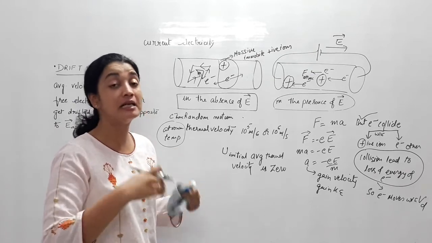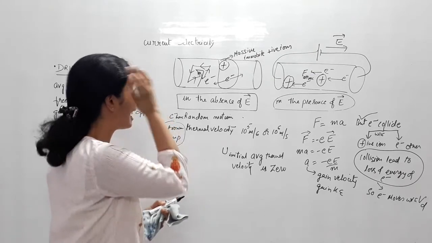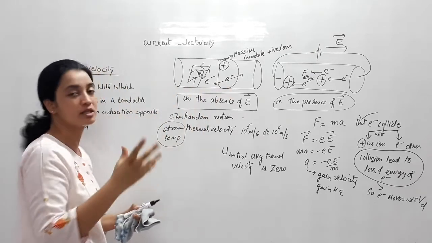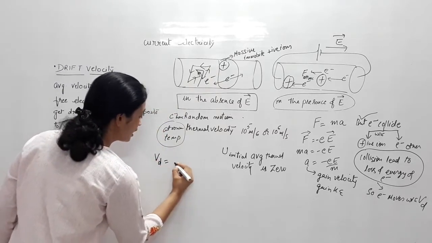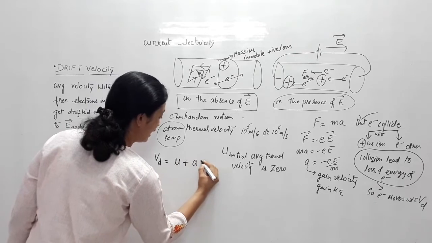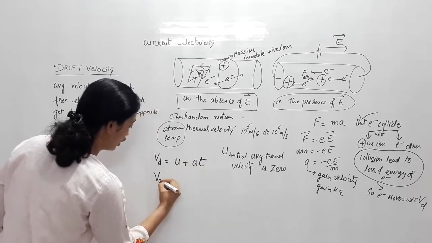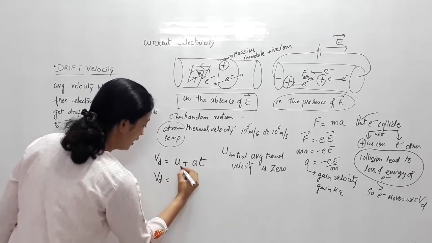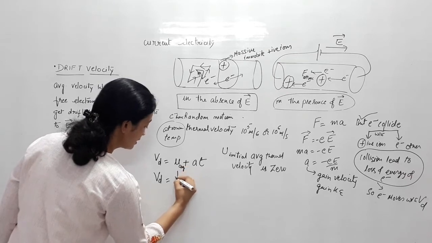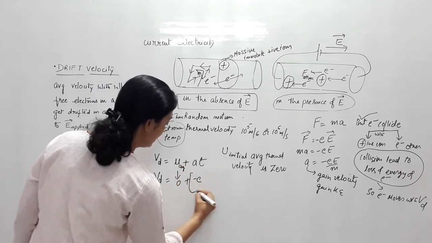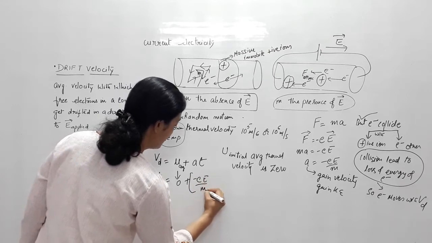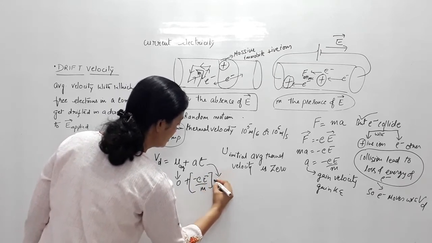Net flow of charge in any specific direction is 0, because it is randomly moving, and the net velocity in any direction is 0. So we have v_d equal to u plus at. Here drift velocity is equal to u average, this is 0, plus acceleration which is minus eE by m, and the time is tau.